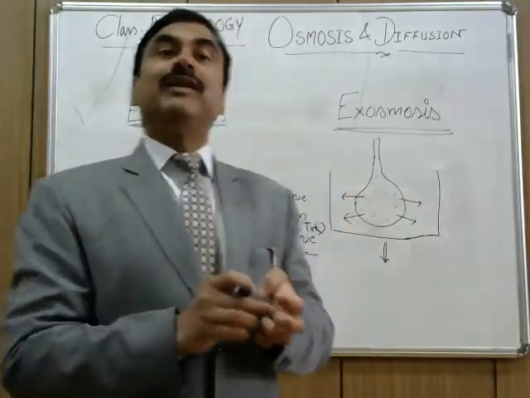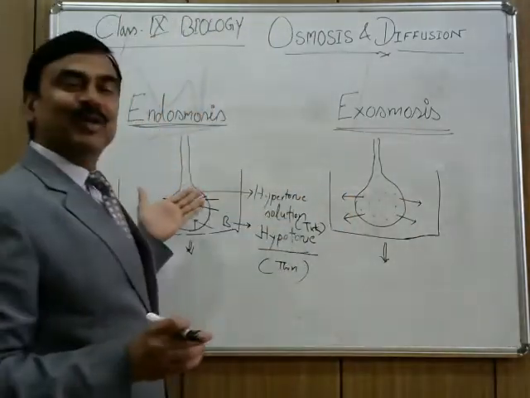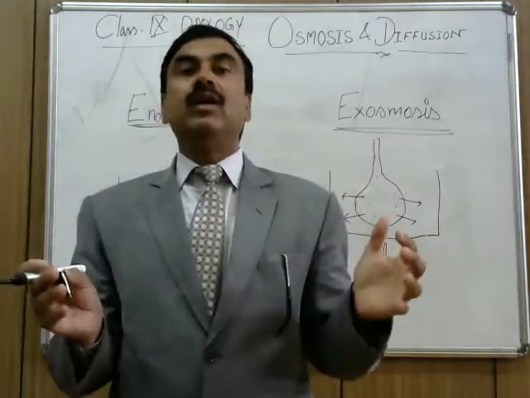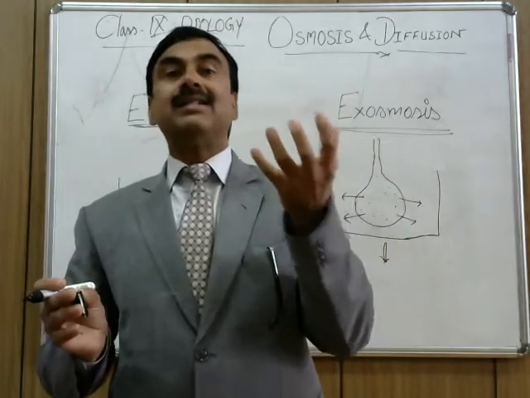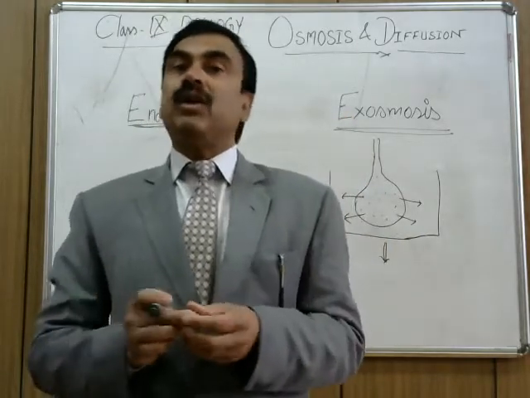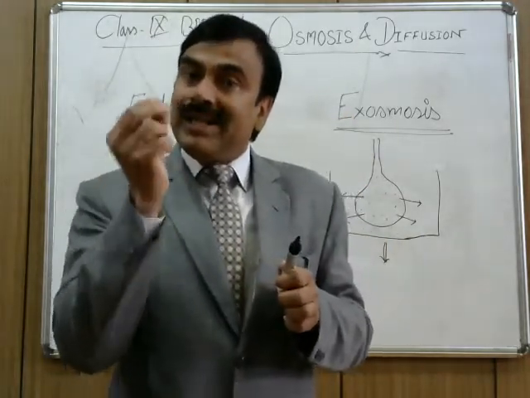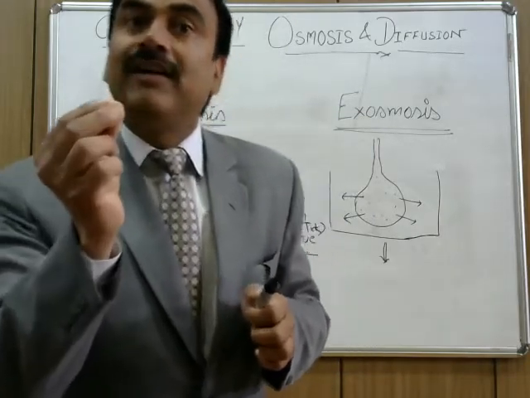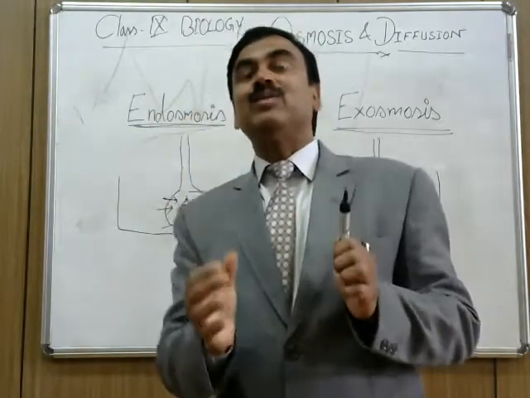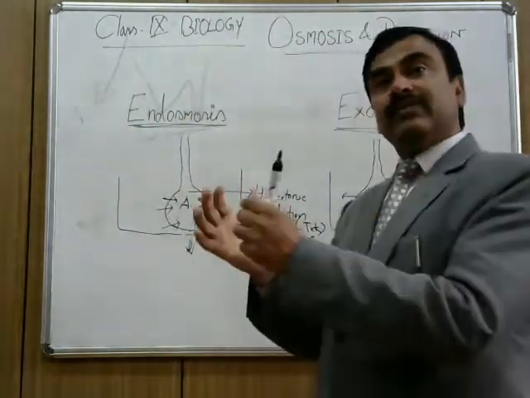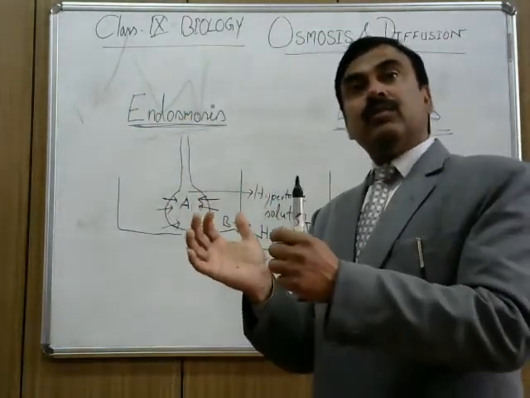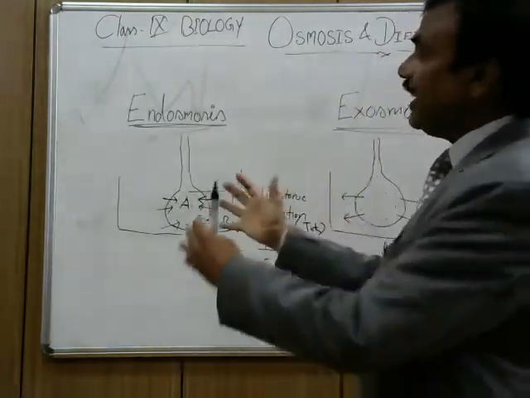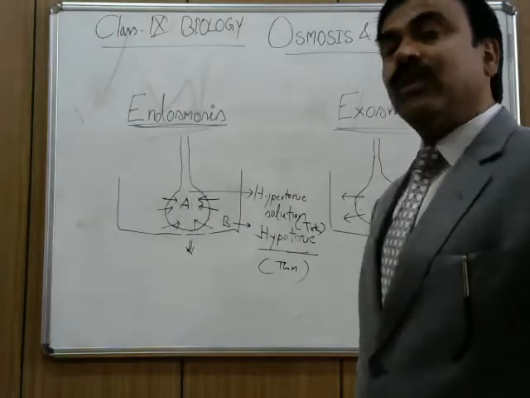The same process you are going to observe. The dry kismis, dry raisin will swell. Why is that? There is endosmosis, because dry raisin inside tonicity is hypertonic. It contains less water, and that is why it will absorb. The movement of water will be taking place inside, and after this what will happen?